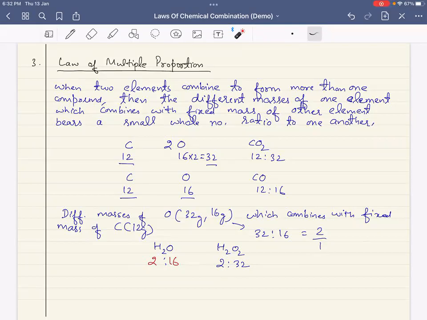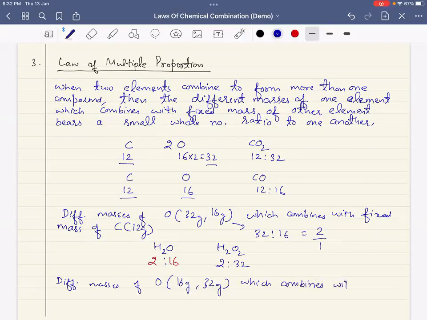So we can write it: different masses of oxygen, that is 16 gram and 32 gram, which combine with the fixed mass of hydrogen, that is 2 gram, bear a small whole number ratio.